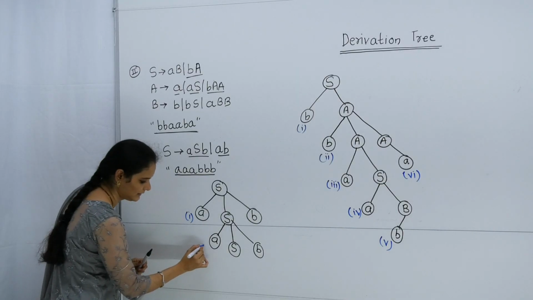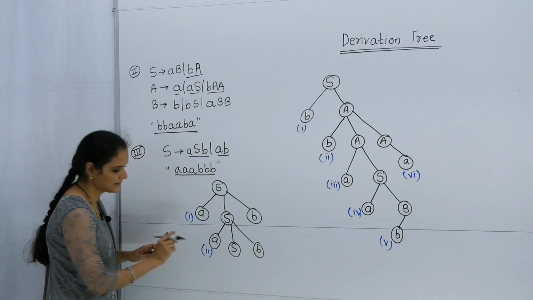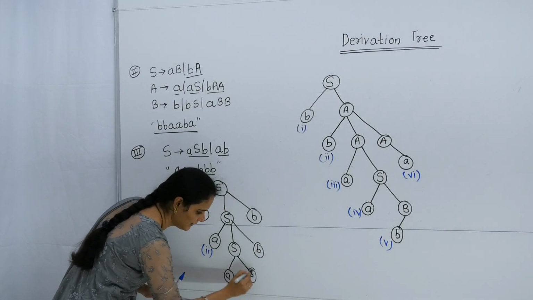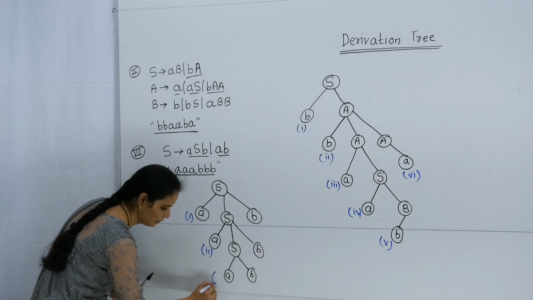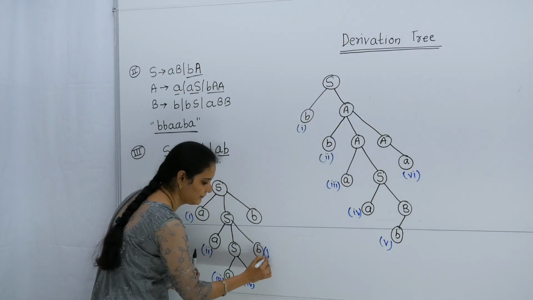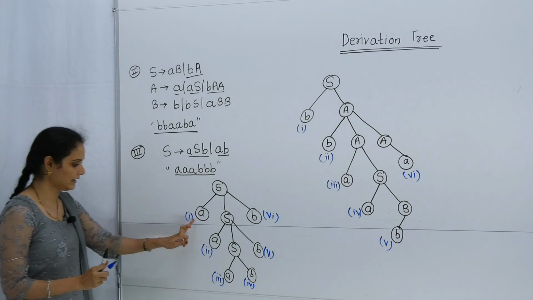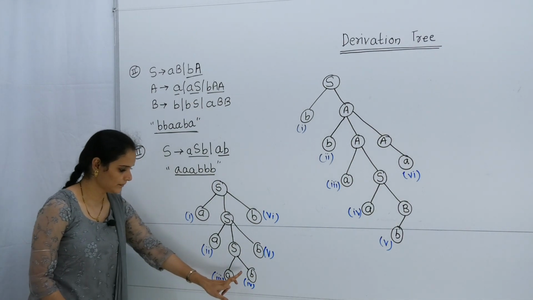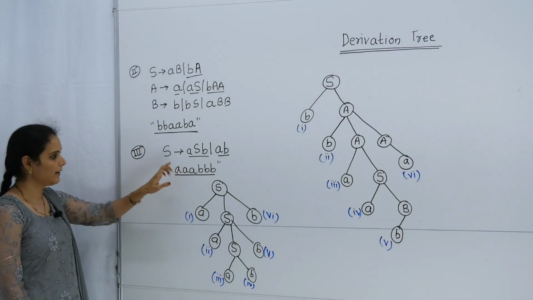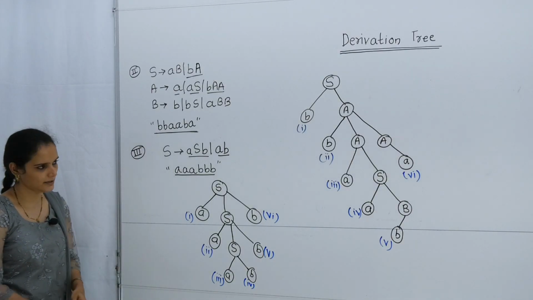So here that particular is the second leaf node. S produces AB. Now we are using that particular rule. Here it is the third leaf node, fourth leaf node, fifth leaf node and sixth leaf node. So here AAABBB, that particular string we have derived by using the production rules which are given in the particular grammar.